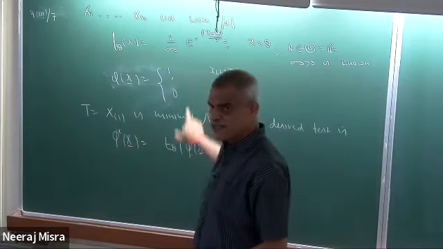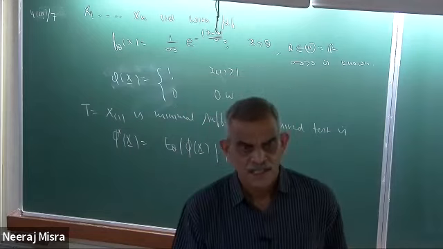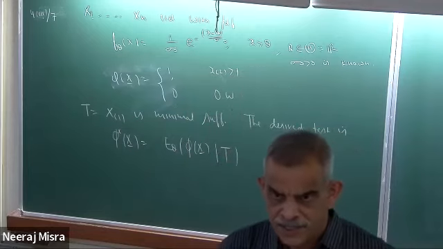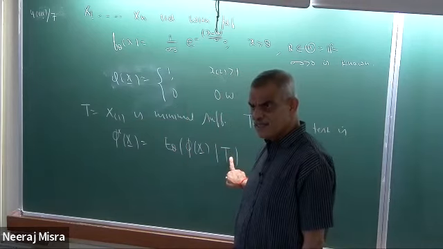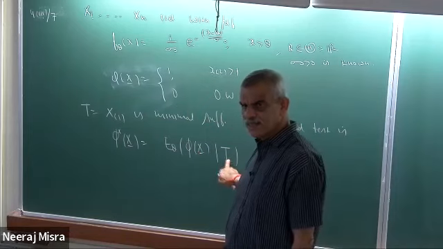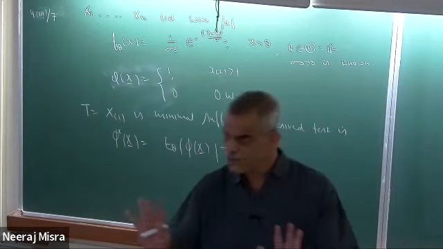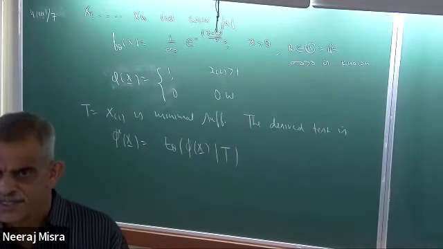Phi was a valid test, so it is clearly between 0 and 1, because the expected value of a function between 0 and 1 is between 0 and 1. And since T is sufficient, the conditional distribution of x given T does not depend on theta. So this is going to be a proper valid test function. This is what you have to find out.